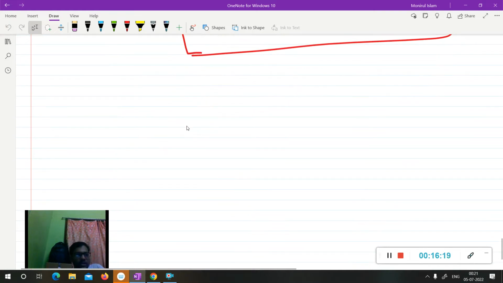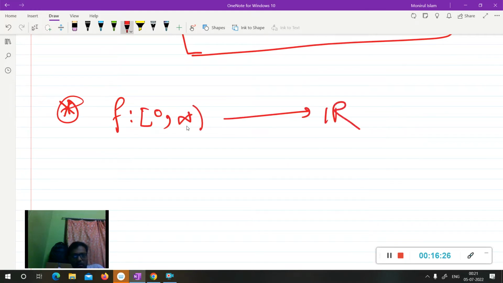Now you can extend this result. Suppose f is a continuous function from [0, infinity) to R, and it is non-negative.